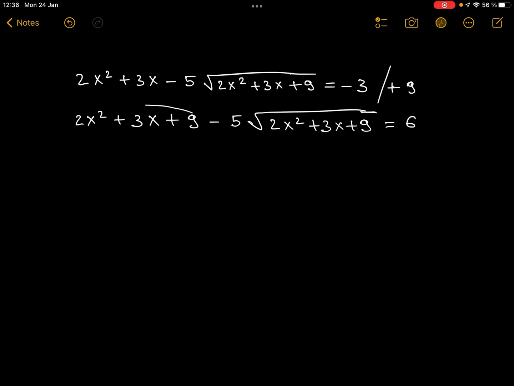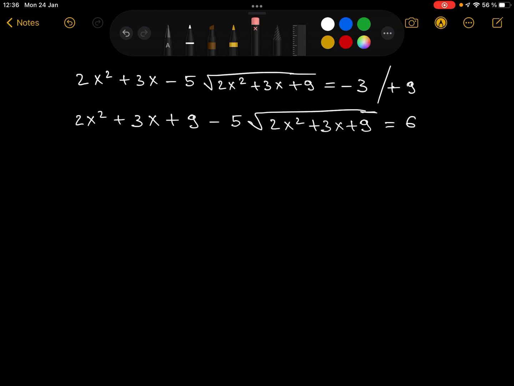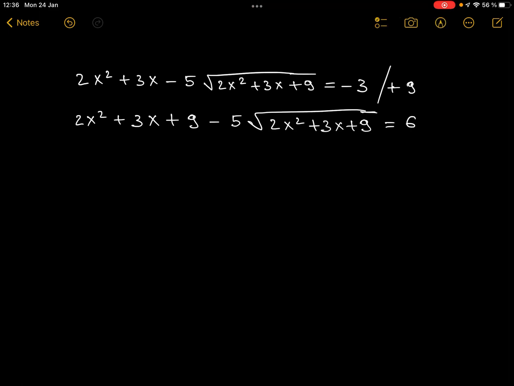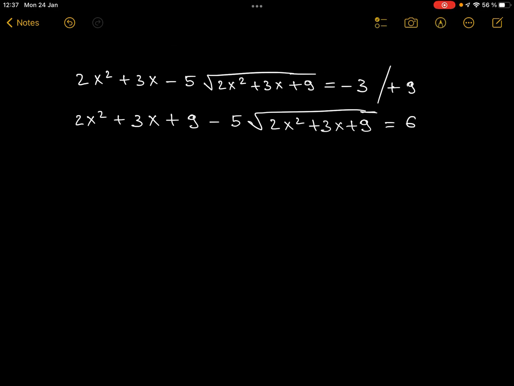Now notice that this quantity here and this quantity here under the root are the same. Okay? So what I'm going to do now is simply use a t substitution.